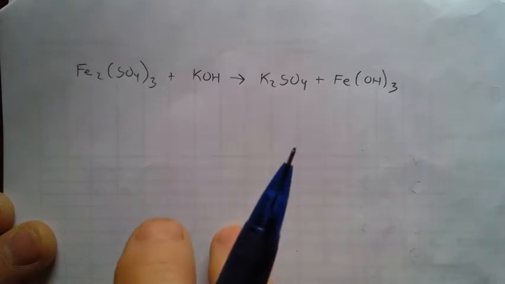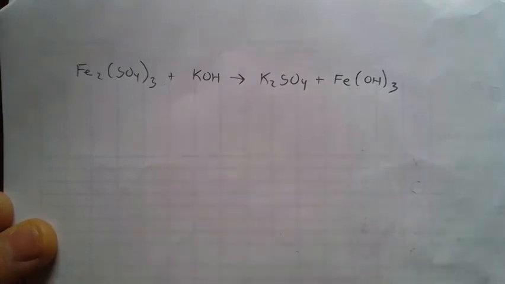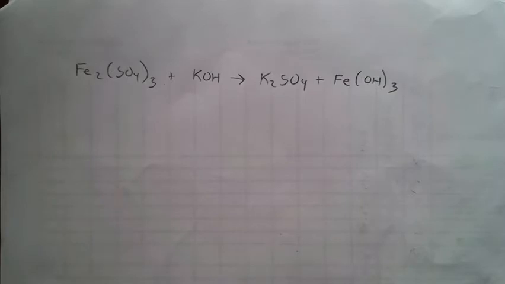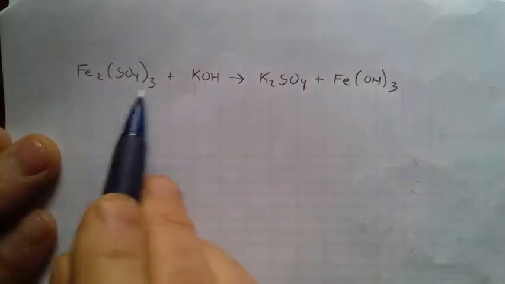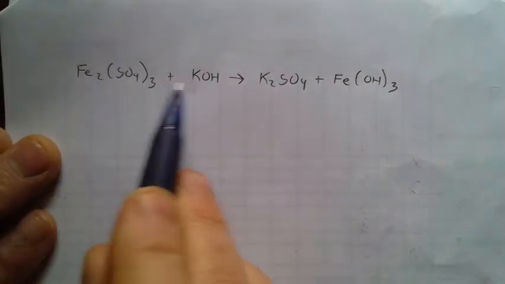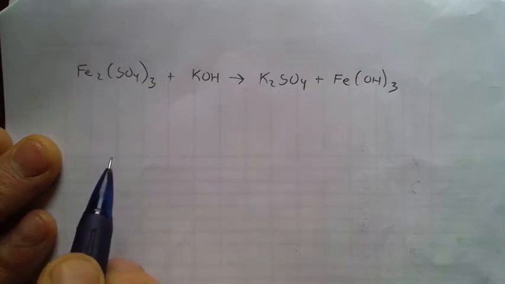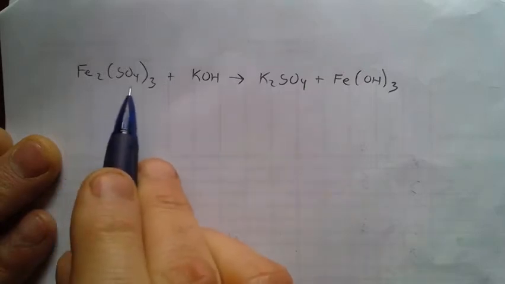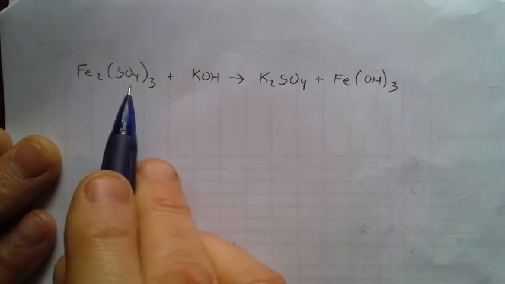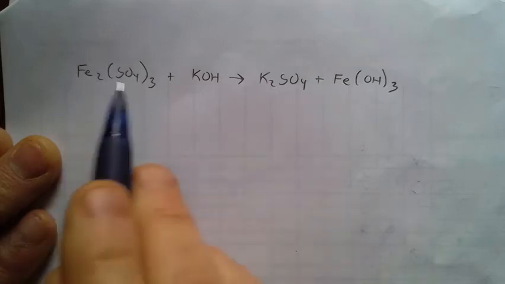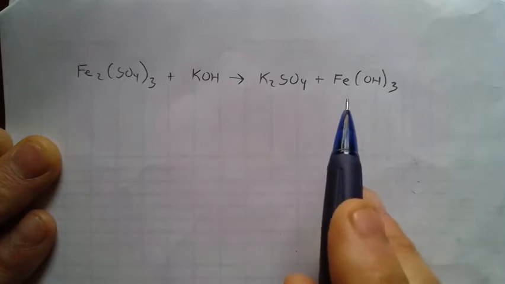And you can separate them all out by their individual elements. However, when you're dealing with a problem like this that has polyatomic ions, you can also keep the polyatomic ions together if they appear in the same format on both sides.